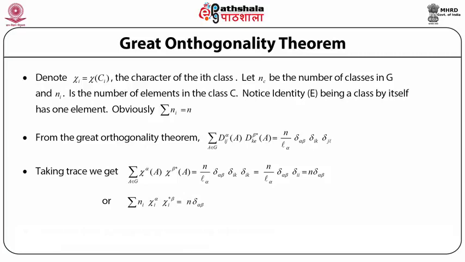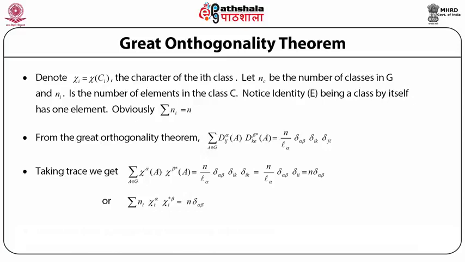Taking the trace of this, we get the sum over all group elements of chi alpha(A) chi beta star(A) equal to N by l alpha delta alpha beta delta ik delta ik, which is equal to N by l alpha delta alpha beta delta ii, which is equal to N times delta alpha beta.